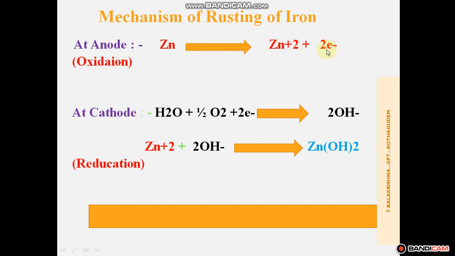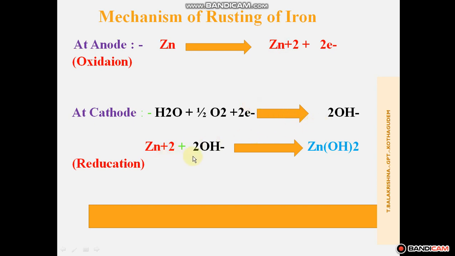These electrons are transferred through the conducting medium to the environment, because corrosion is nothing but, what is the definition, the destruction of metal when it is in contact with the environment. So the active agents present in the environment like H2O and O2 gain those electrons coming from zinc, which convert into hydroxide ion.